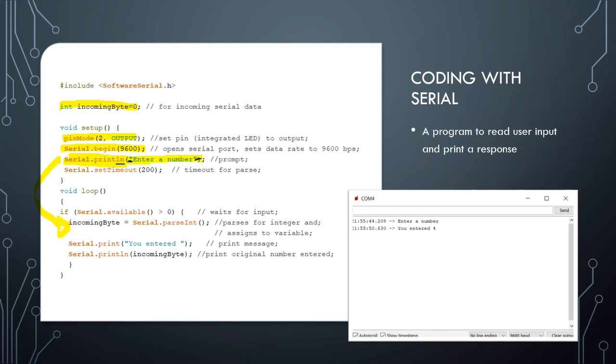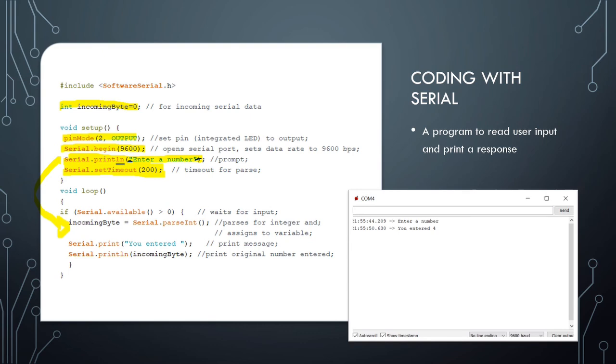All right, moving on to the next line of our code. I didn't cover this before, but this is important to note when you're using serial parse: you'll want to set a timeout for it. I'm not going to cover this in too much detail. It's just giving the parse a certain amount of time to look for an integer. If it doesn't find an integer in that amount of time, it will go on.